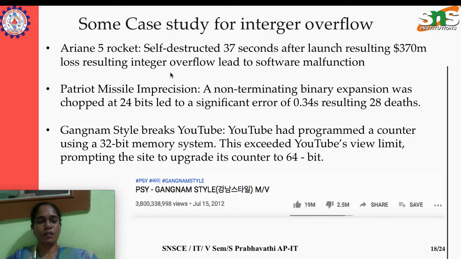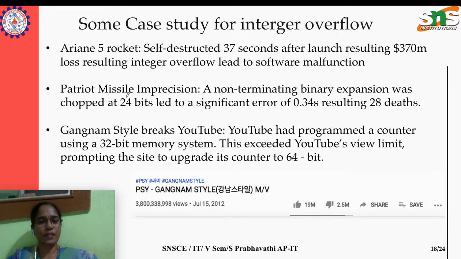The software for Ariane 5 utilized the older software of Ariane 4, which was smaller in size. So after launch, the software inside was not able to handle the high reading due to integer overflow, and that led to the loss of this rocket.